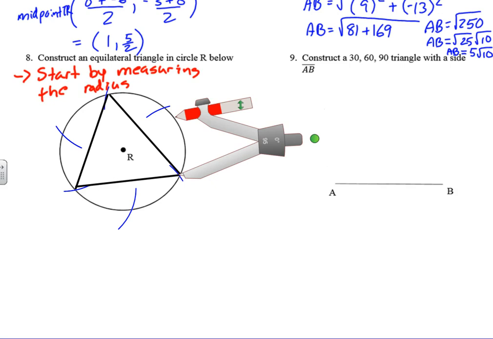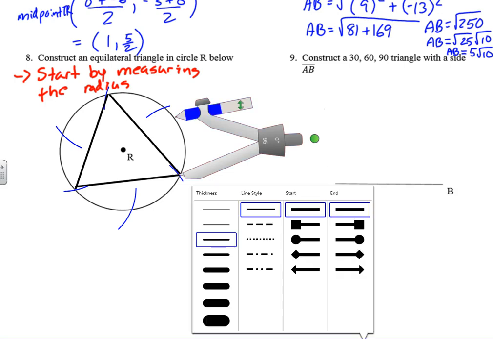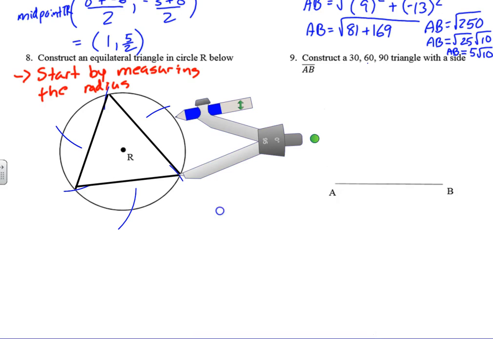All right, number 9, construct a 30, 60, 90 triangle. Okay, so this one's tricky. And the way to approach it is to start with the 60-degree angle and recognize that 60-degree angle happens in an equilateral triangle.